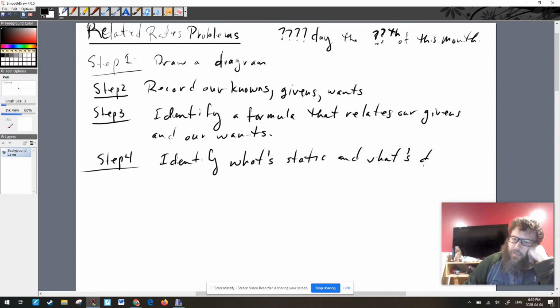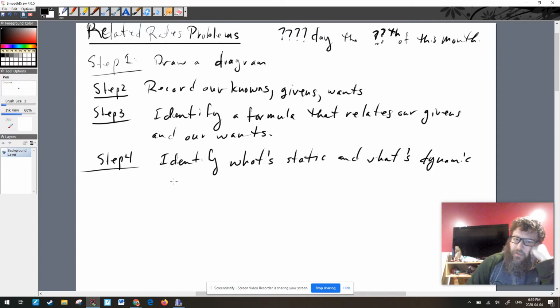Dynamic means as the problem progresses, that value changes. In that last problem, the length of the room started at 6 meters. After 2 seconds, it's down to 3 meters. If we let it progress again, that length is going to be different. So we're going to identify what's static and what's dynamic.